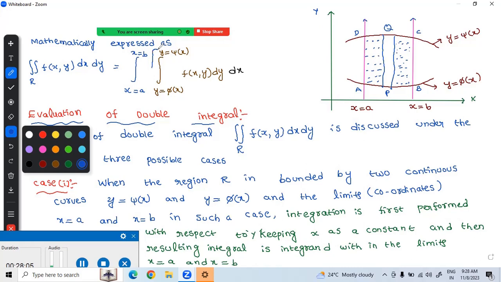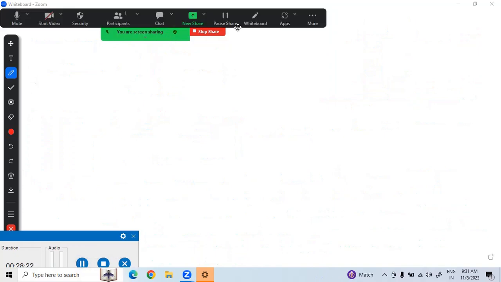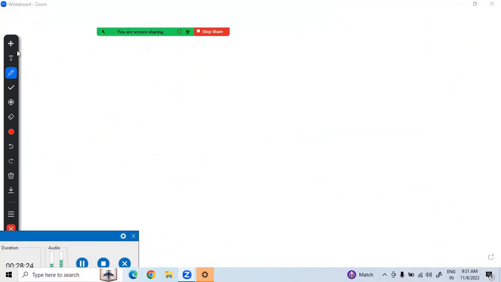First treat as this one and next time treat as again dx. Okay, this is a definite integral. Write down. Next case 2.